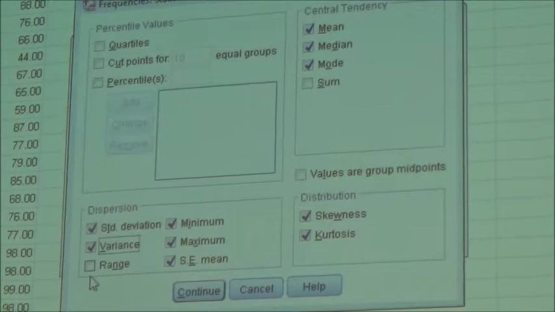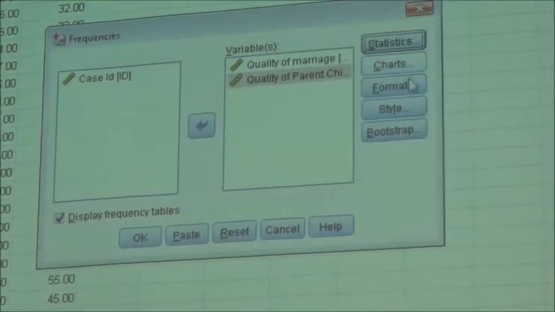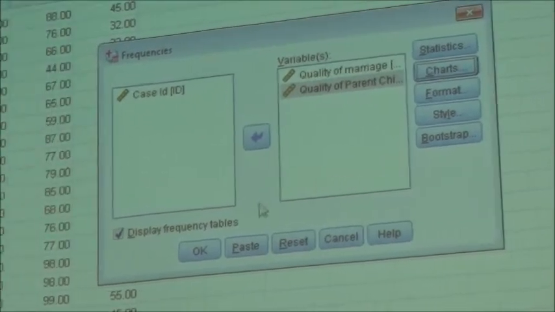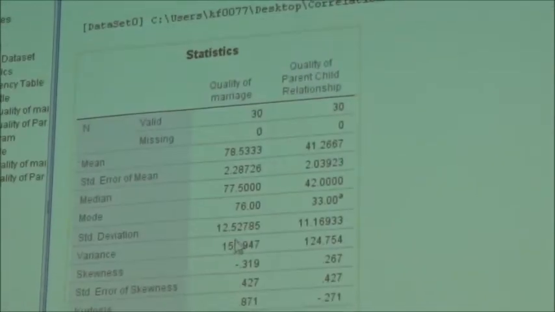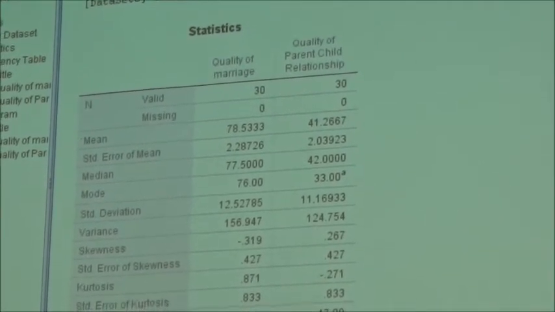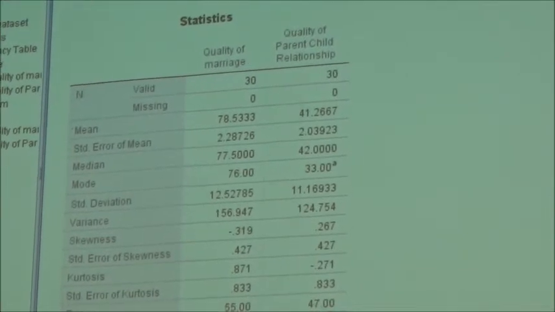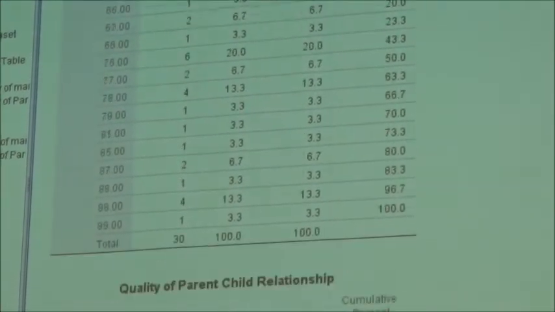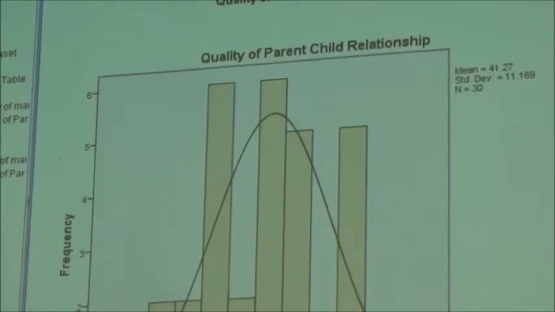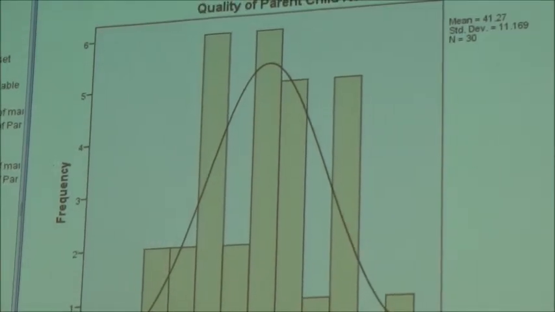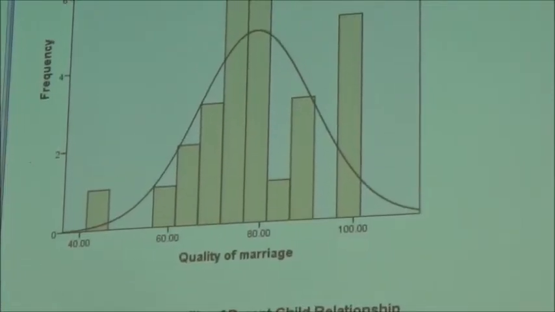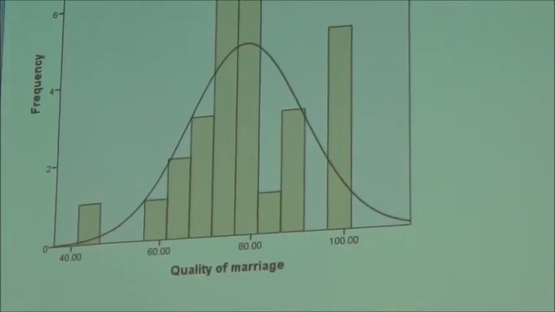Then continue, and then chart, histogram, and then okay. There you go. This is descriptive statistics, right? You can go down. So the distribution table is here, and then histogram. Can you go up a little bit? So kind of roughly normal. You can see that, right?